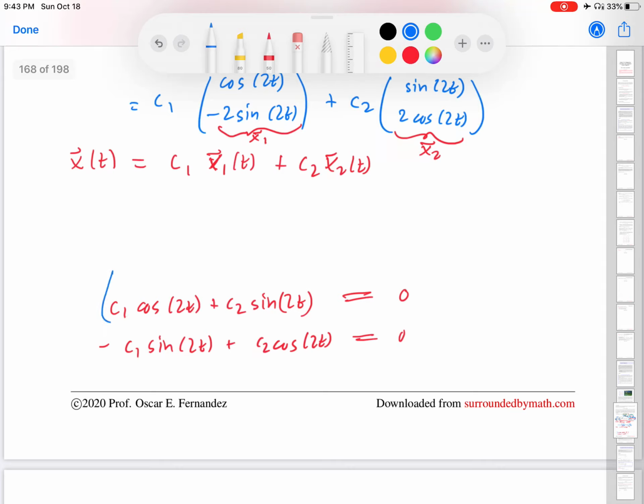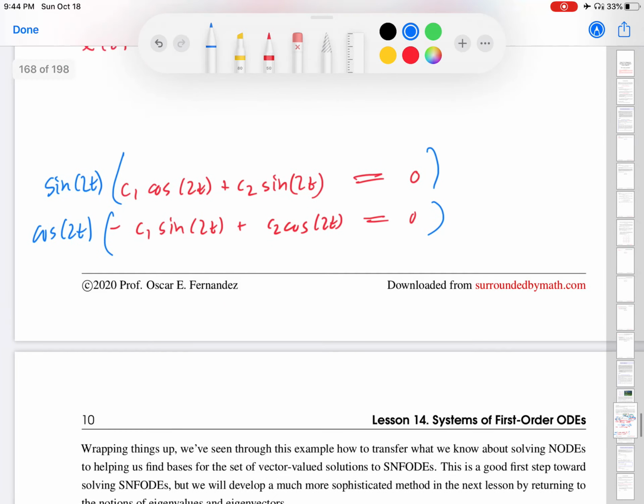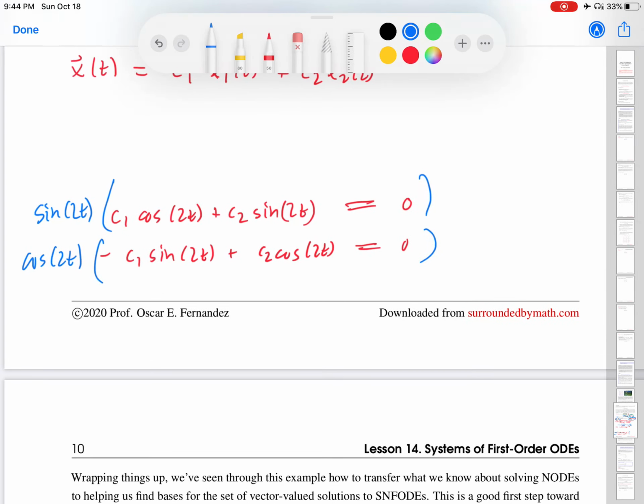However, what if I multiply this equation by sine of 2t? And what if I multiply this equation by cosine of 2t? All right. So this is effectively like doing a row operation. Okay, then what's going to happen? On the left-hand side, I'm going to get c1 cosine 2t sine of 2t.